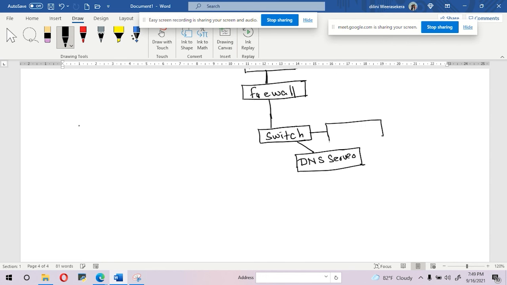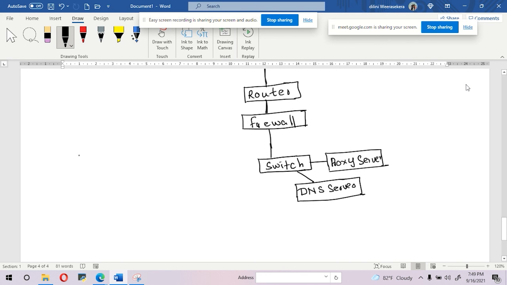Now the proxy server is used to manage the connectivity of the internet. So the router and the firewall can be directly connected to the proxy server as well. That is why it's given as a dotted line.